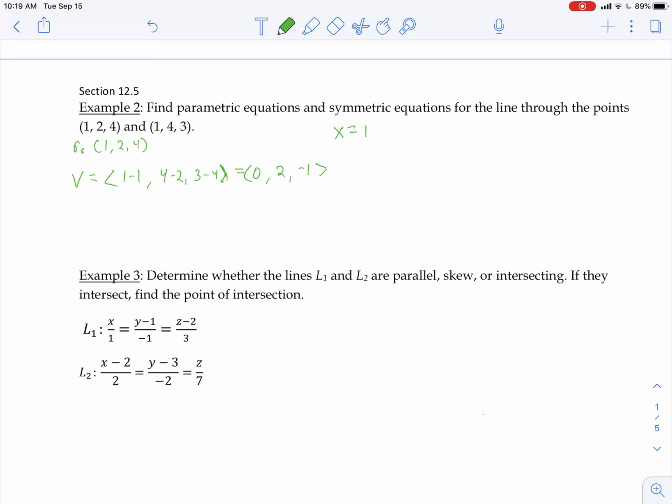For the first one, we're going to have x equals our x value, which is 1, plus 0t, which is just x equals 1.